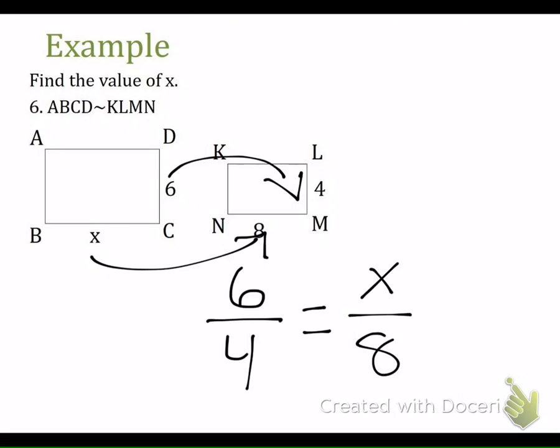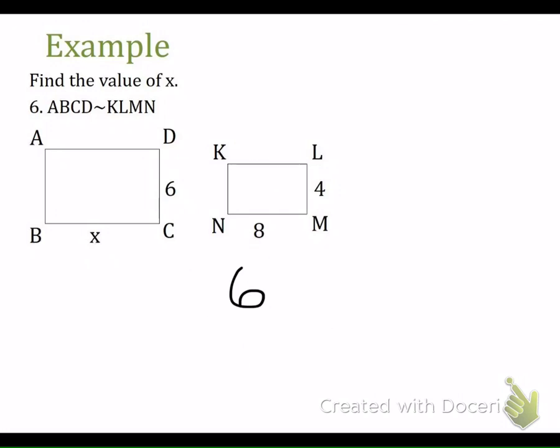Hold on one second. All right, I disagree with what we have on the board. We ignored something very important. I don't think that the 6 and the 4 actually go together. It's the opposite side.